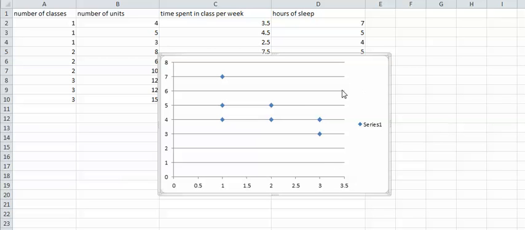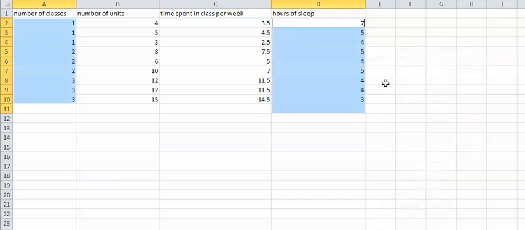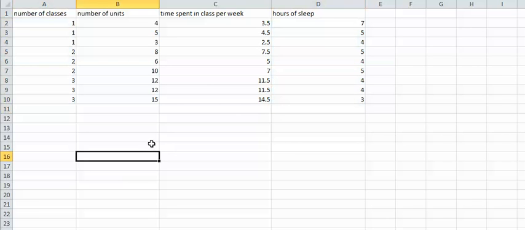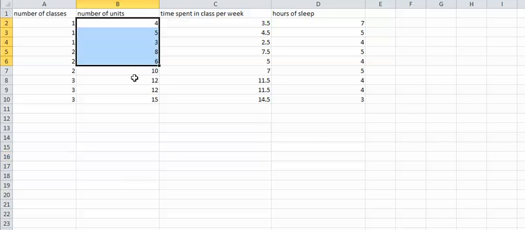If the dots go down from left to right like this, it's a negative correlation. The first one we saw was positive because the dots were rising from left to right. We could also do a correlation between units and sleep. We can look at the scatter plot here.